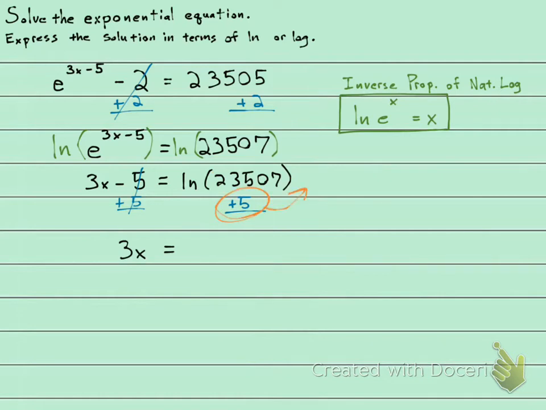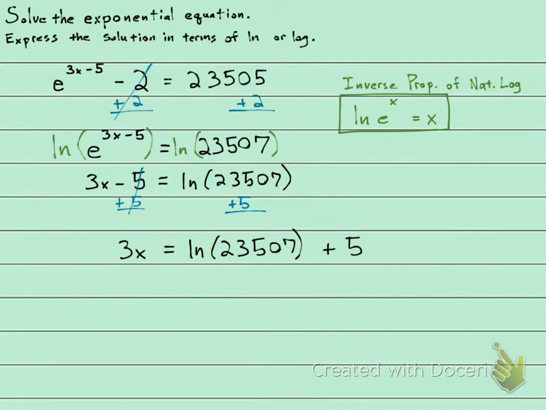So this is just going to tag along on the outside there. The right-hand side is going to be natural log of 23507 and then a plus 5. It might help you remember that if you keep these parentheses here to show that that 5 is not inside.